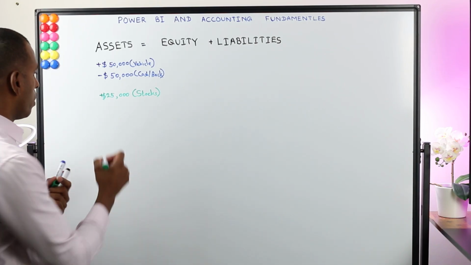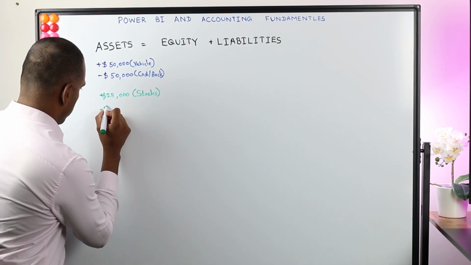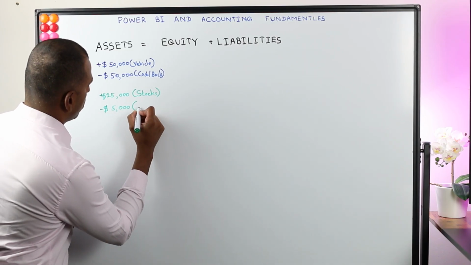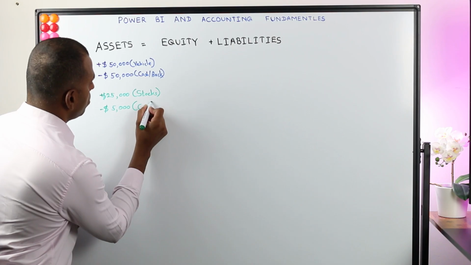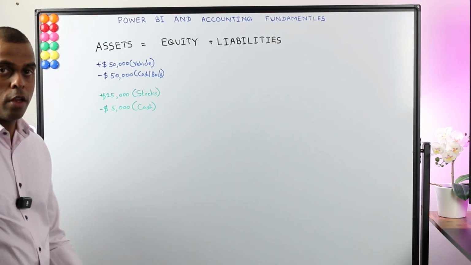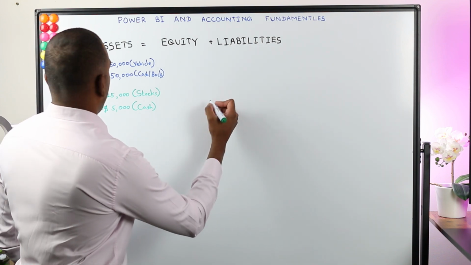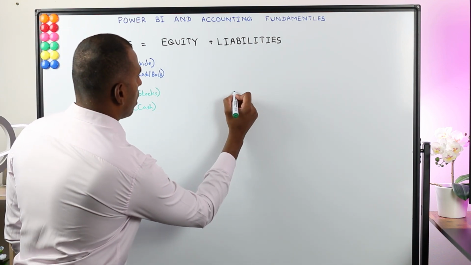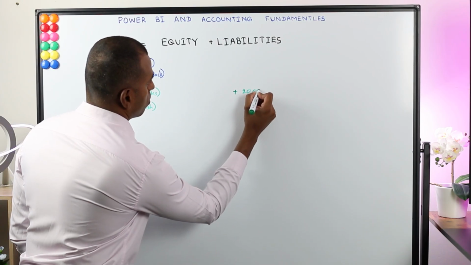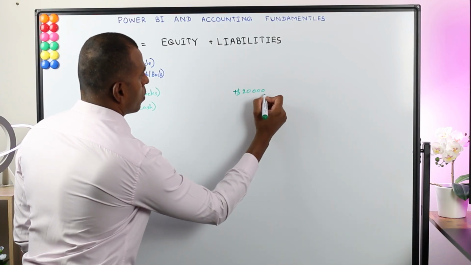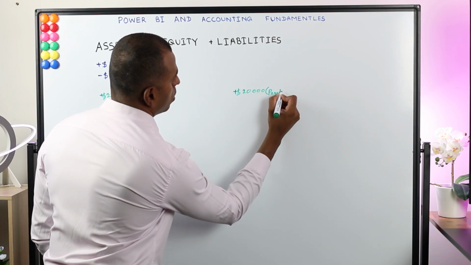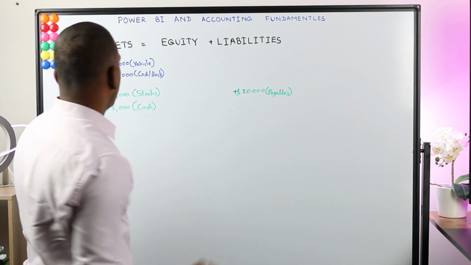Only 5,000 they pay in cash. 20,000 is to be paid, so it is a liability, payables.